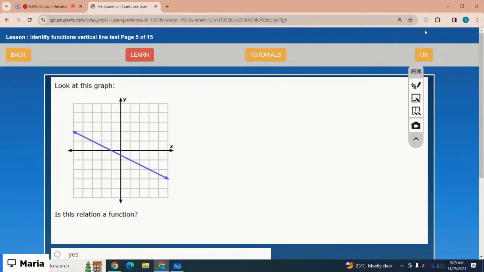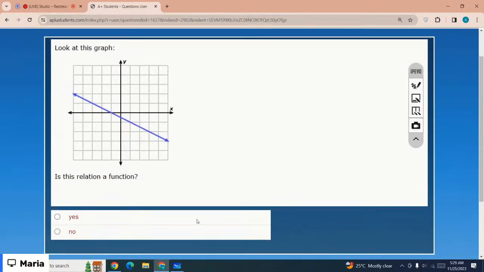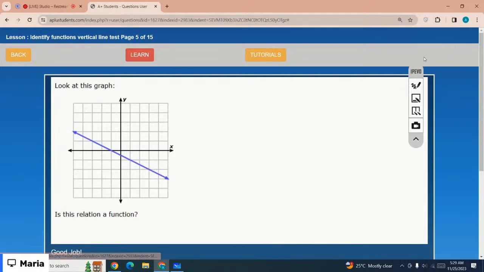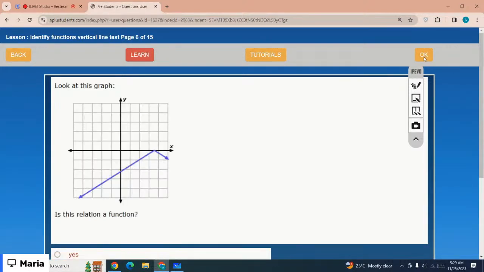Look at this graph. Is this relation a function? Which is the correct option? Yes, it is a function, right? The correct option is yes. Look at this graph. Is this relation a function?